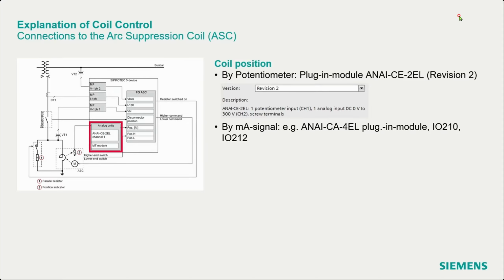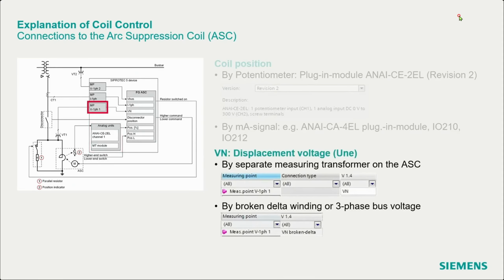Some coils do not have the potentiometer. Most of the time they have those, but if the coil has the position information in the form of a milliampere signal, we would have to use another existing plug-in module for the SIPROTEC device. And in addition to the position, to measure the resonance curve, we also need the displacement voltage, or zero sequence voltage.